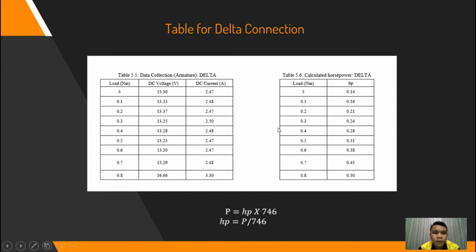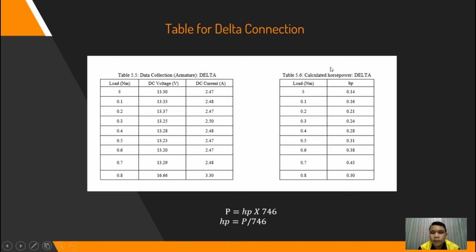Next, for the table for the DC voltage and DC current, as you can see, the DC voltage supply was constant at around 13 volts until 0.8, but when we set the load torque at 0.8, the voltage exceeds at 16.66 volts, and the current is constant at almost 2.5, but after the motor stops rotating, the current is 3.3.